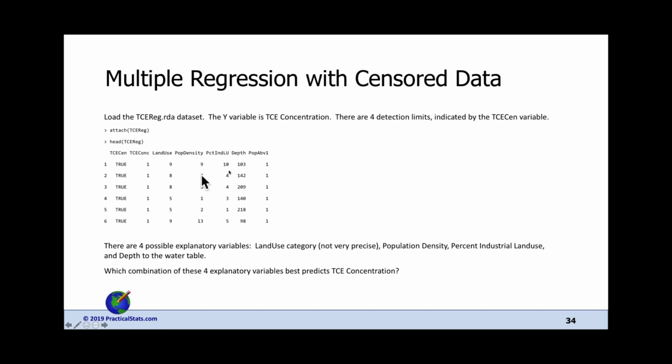So these are the 4: land use, population density, percent industrial, and depth are the 4 explanatory variables, and we want to see if any of them help you to predict a TCE concentration when some of those, and actually this is about 80%, are below 1.